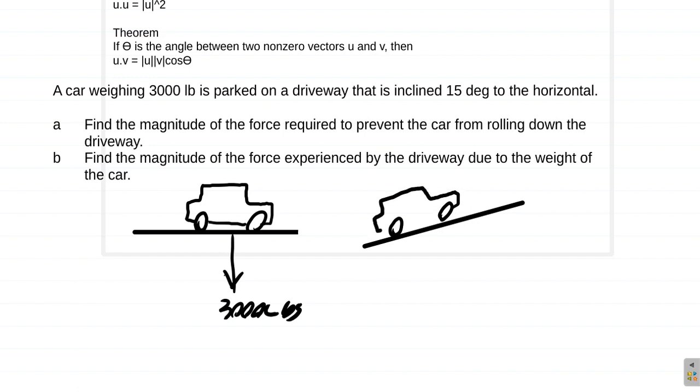I park on the driveway and I have to pull up my parking brake. So you have it tilted at 15 degrees. So you have a tilt here, 15 degrees. But the thing now is this. That 3,000 pounds goes straight down, right?